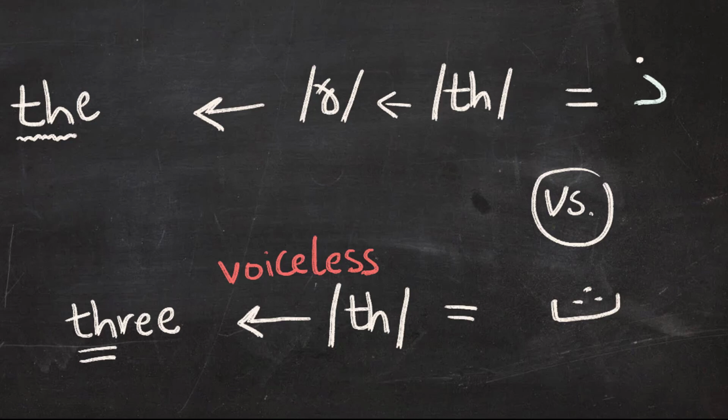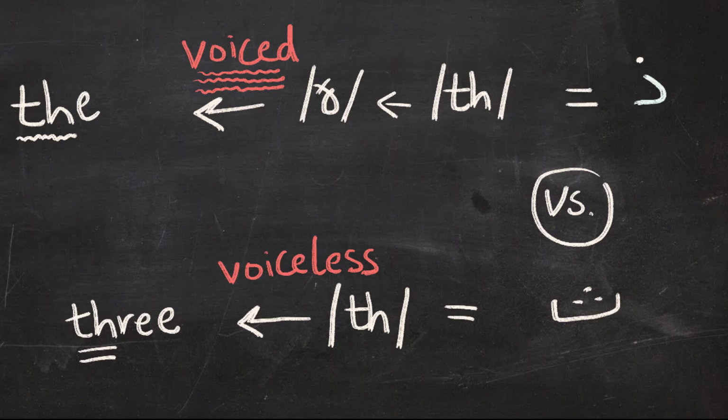Voiceless means that you don't use the vocal cords while you pronounce it, while the sound in today's lesson is a voiced sound, which means that you use your vocal cords to pronounce it. So if you put your hands on your throat, you're going to feel a vibration of your vocal cords while you pronounce the letter Dhal, or the sound "the".